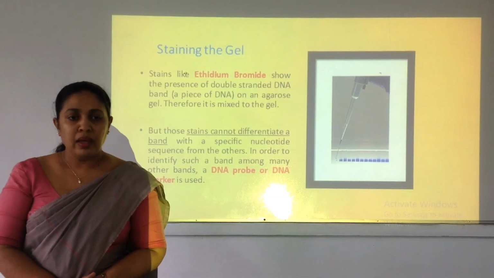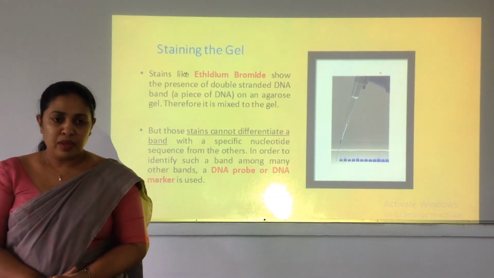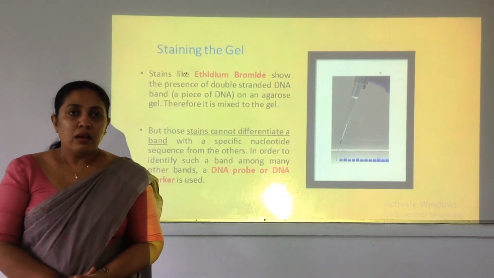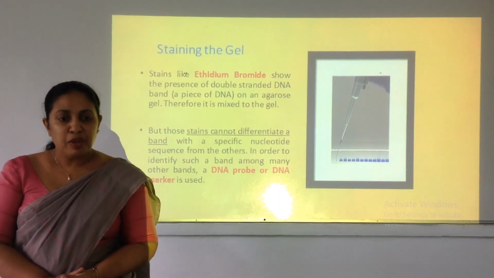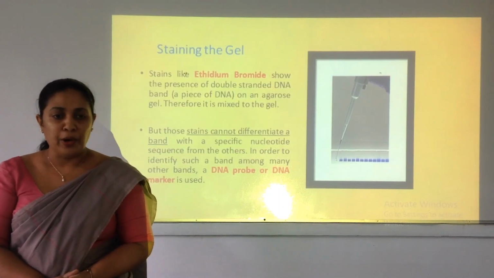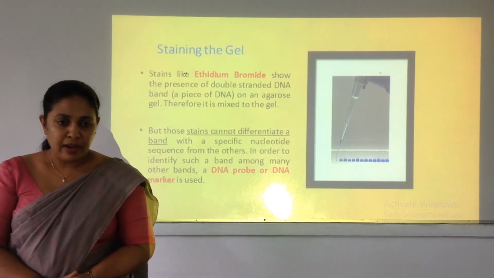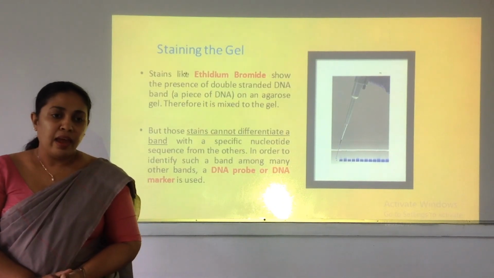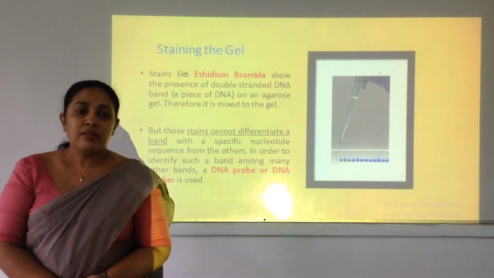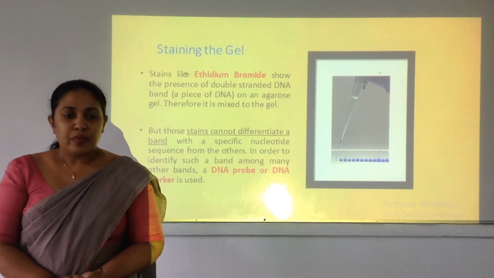A small drop of ethidium bromide should be mixed with the gel before solidifying, before pouring it, and then the stain is there in the gel.